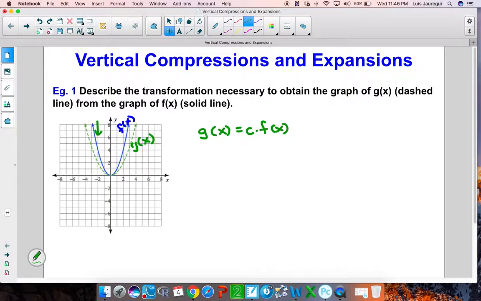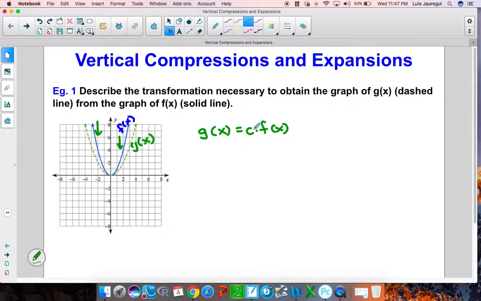We can think of this as a force pushing our blue parabola down in the vertical direction so that it gets distorted to the extent that it starts to look more like the dashed green parabola.